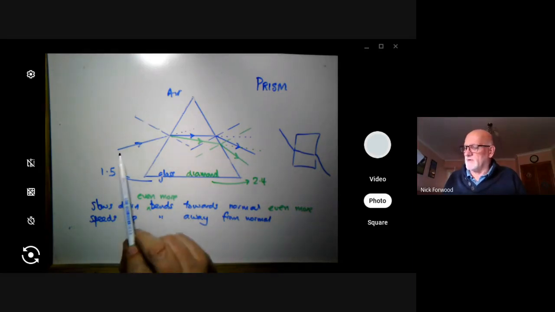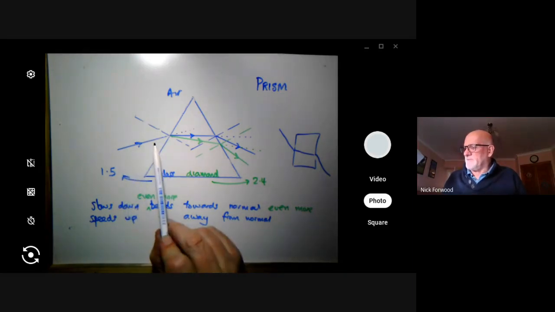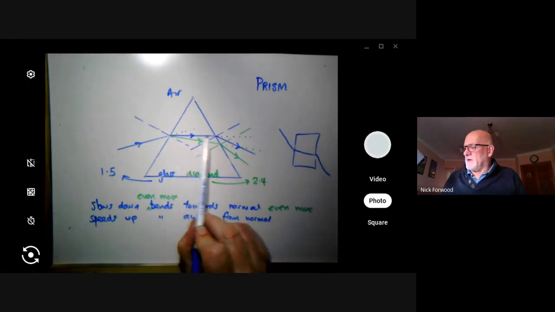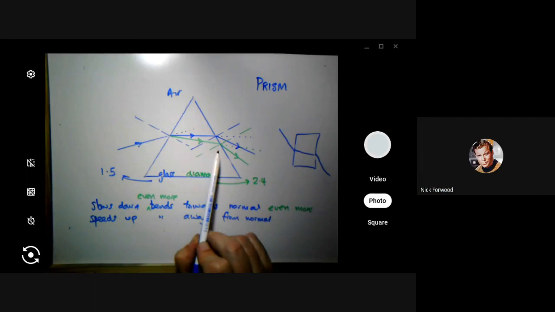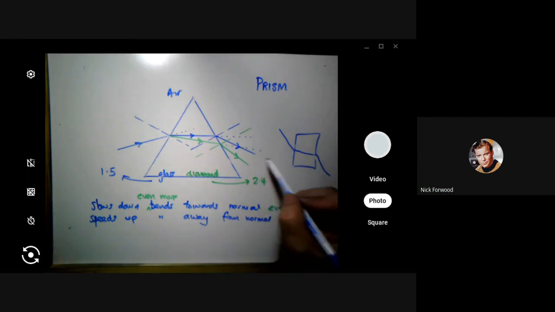So white light from the sun, when it's raining, enters a raindrop, and the different colors are slowed down by different amounts, and you get a spectrum of light here. Okay, we'll be doing that later on, and so I'll revisit that.